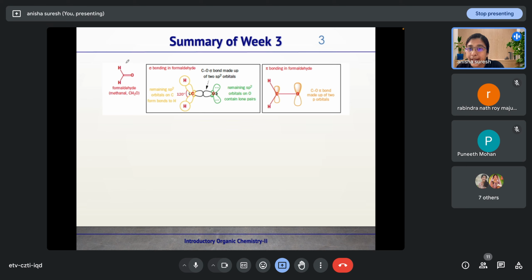This is a planar compound, the angle is 120 degrees. The carbon will have sp2 hybridization, and the oxygen will have sp2 hybridization. One of the sp2 hybridized orbitals of carbon and oxygen will combine, resulting in the formation of this sigma orbital. So the CO sigma bond is made up of two sp2 orbitals.